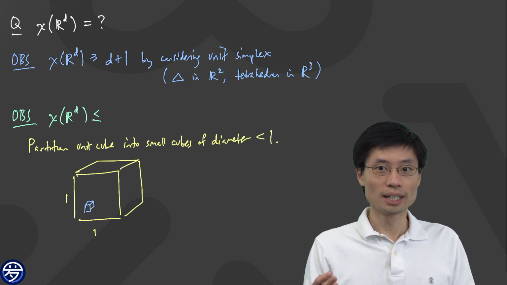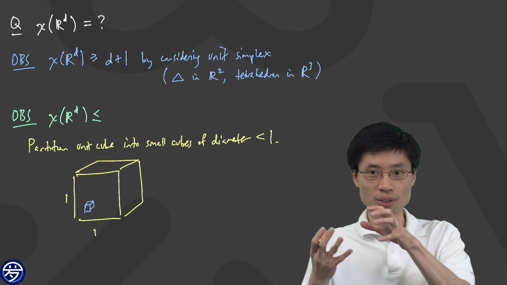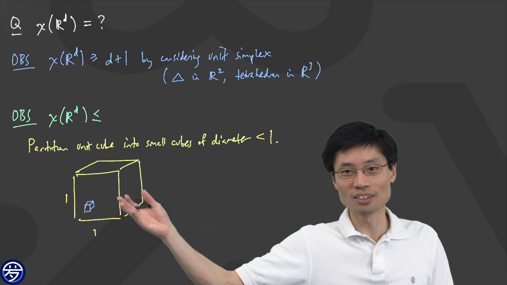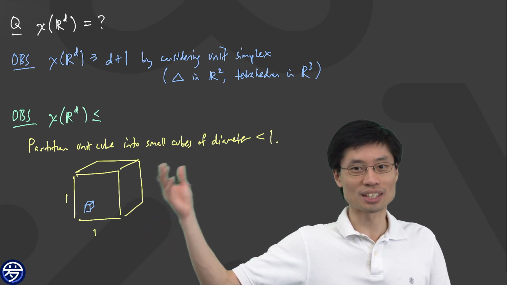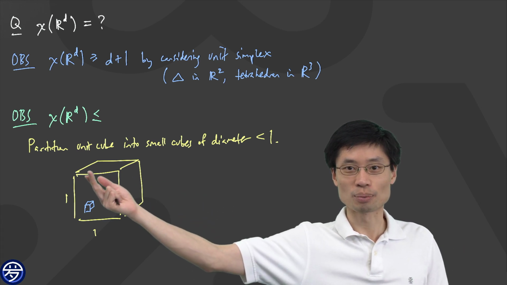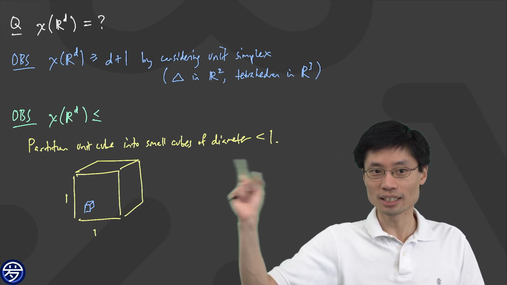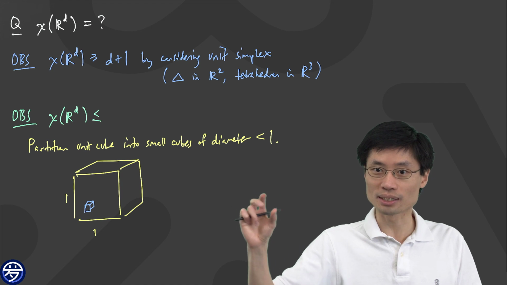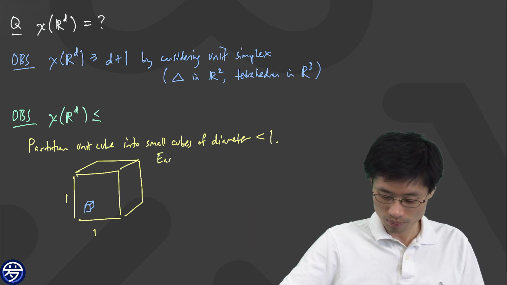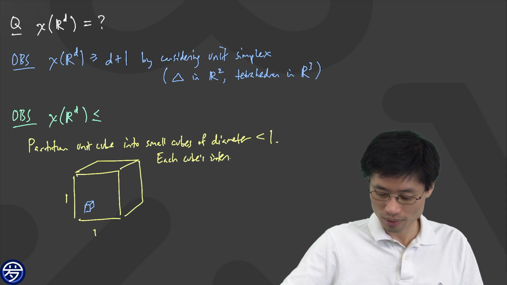And what we'll do is, inside this particular unit cube, find some valid coloring. In this case, we're just going to color everything with a different color. We're going to get some bound to begin with. So partition this into all of these tiny cubes, and each of those cubes, all the points inside, get a unique color. Each cube interior gets its own color.